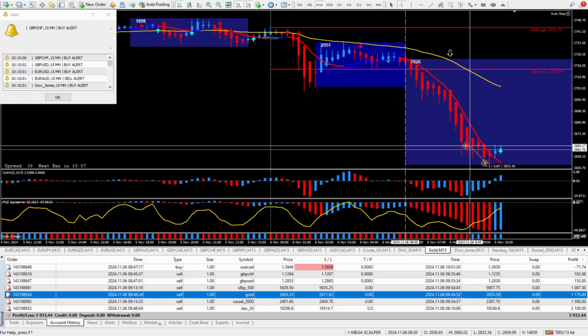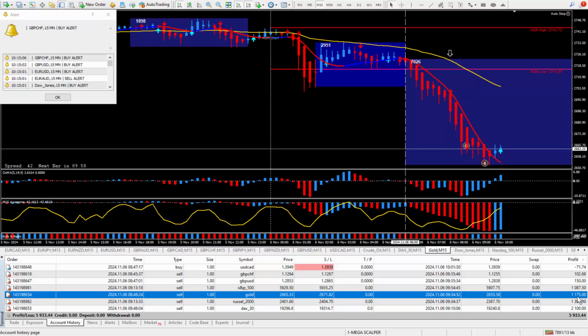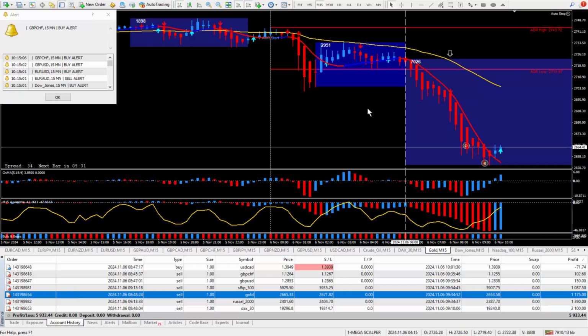Oh, my mistake, not 117. Yeah, 117. That's 118. It's going to be hard to show it right on, but it is 117 ticks, paying out $1,175.